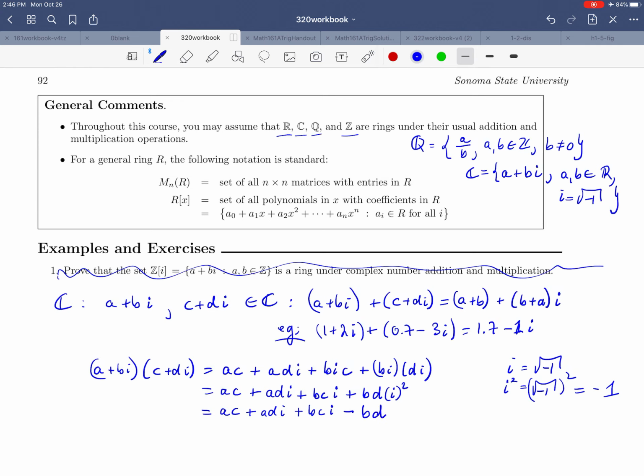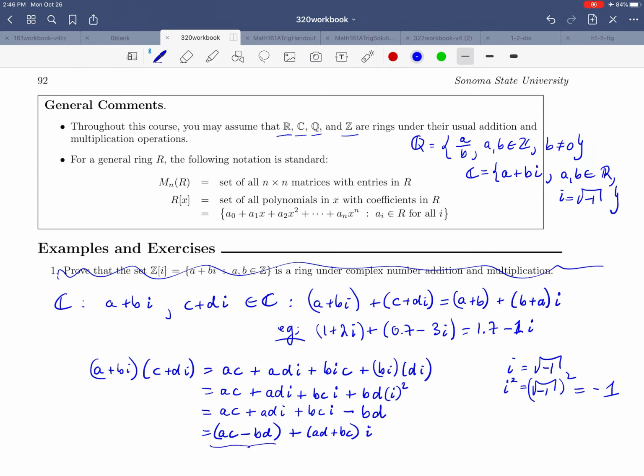Here we can see we have two real pieces, and then we have two imaginary pieces, and I can collect those. So this is AC minus BD, that is my real part, and then I can factor out that i, and I have AD plus BC times i.